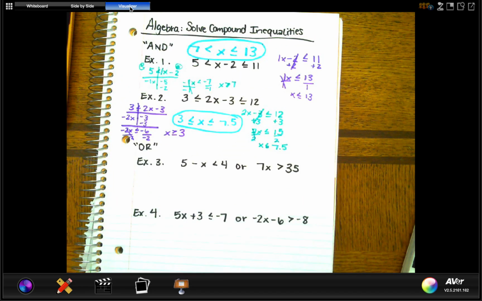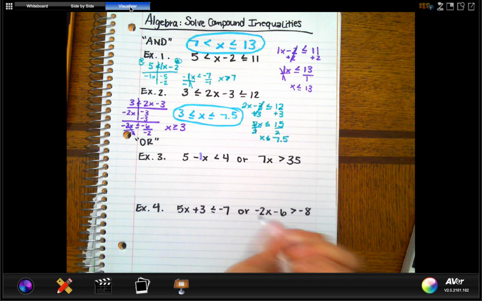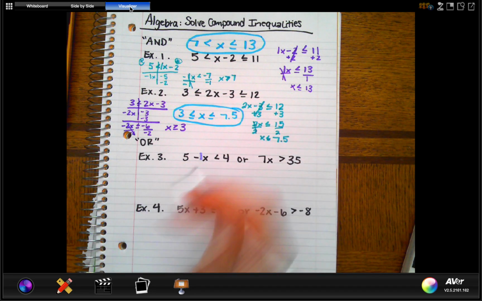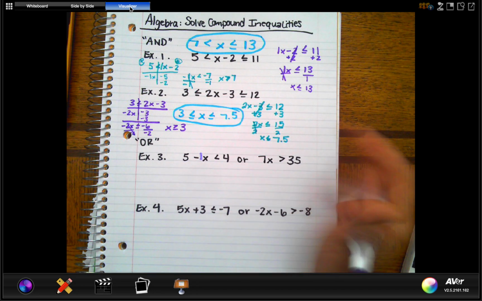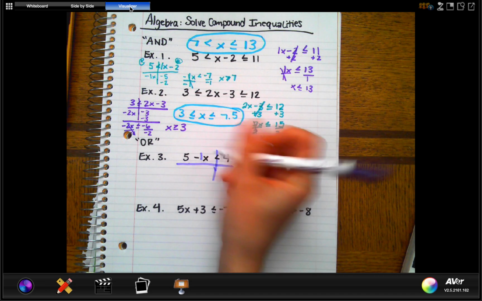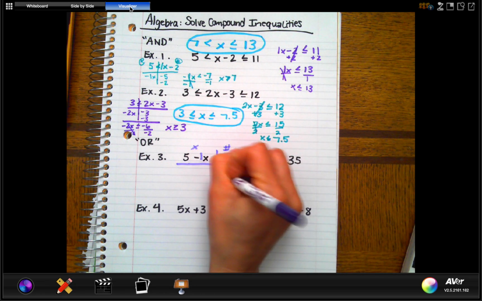Okay, so we're going to solve each of these. Remember, there is a 1 in front of this x here. And so if I solve this left side, I'll do as I have been doing. I don't even have to rewrite it right now because it's already separate. So I'm going to do the left side in a chart since I've been doing those. So here's x's, here's numbers. 5 becomes negative.